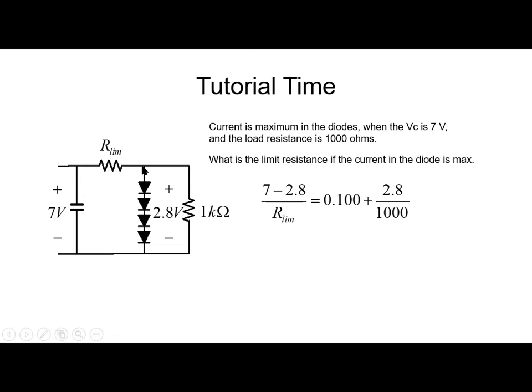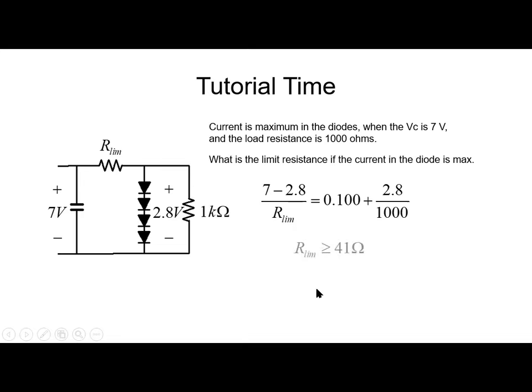Let's write a KCL equation at the node at the top. Current entering that node from the left: 7 minus 2.8 divided by the unknown limiting resistance. That is equal to the current through the diodes that we are assuming is the maximum current, 0.1 amperes, 100 milliamps, plus the current in the load, 2.8 divided by 1000.